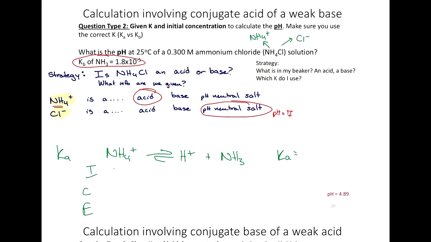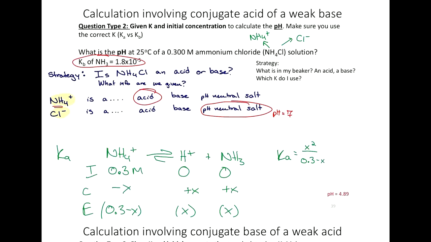Initially we have 0.3 molarity of ammonium, 0 of everything else, minus X, plus X, plus X. So at equilibrium, we have 0.3 minus X of ammonium, X amount of H plus, X amount of ammonia. So Ka equals X squared over 0.3 minus X.